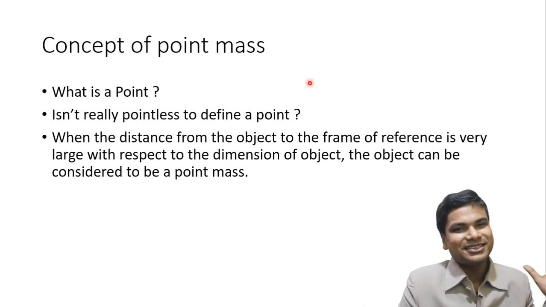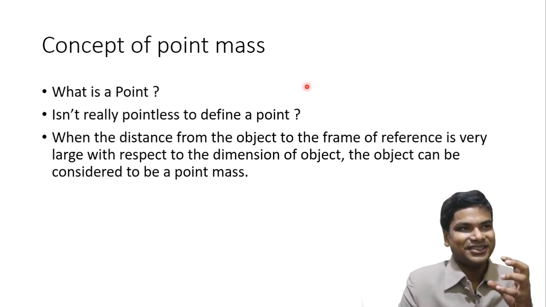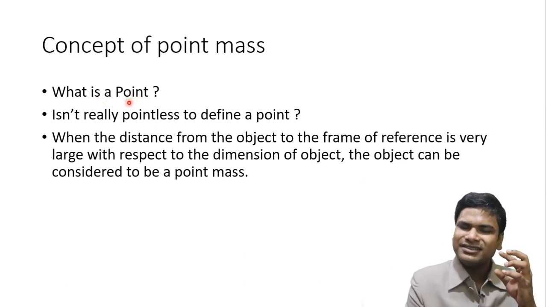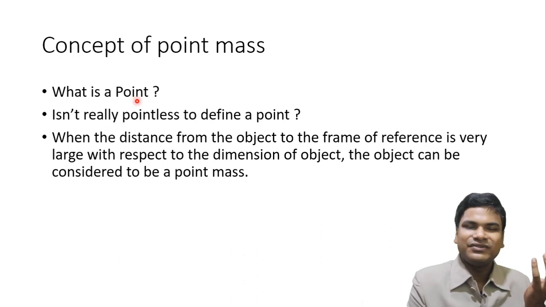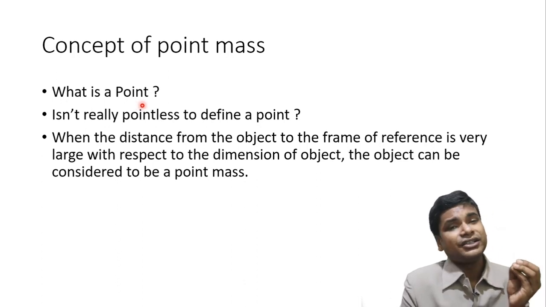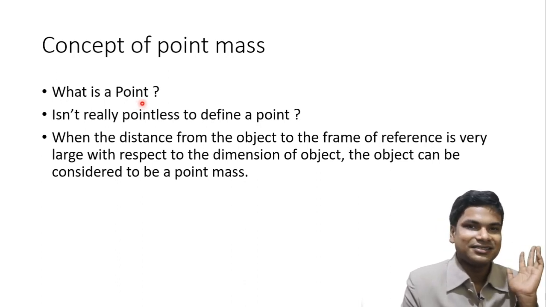But before we discuss point mass, let me ask you a simple question: what is a point? Don't you think it's really pointless to define a point? Why? Because according to the definition, a point shouldn't have any length, breadth or height.